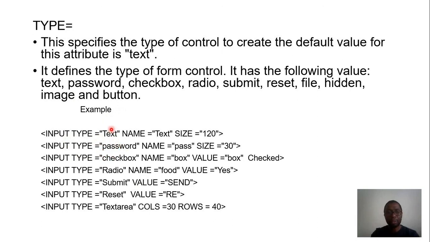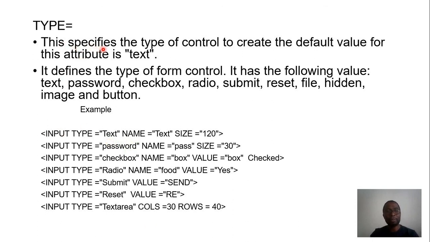It means that we're going to have a text area come up, and then you're going to be able to pass information. If it's password, then it knows that the text that is going to be passed here must be hidden, or it must have some special character that would prevent people from seeing what is happening. So type is very important.